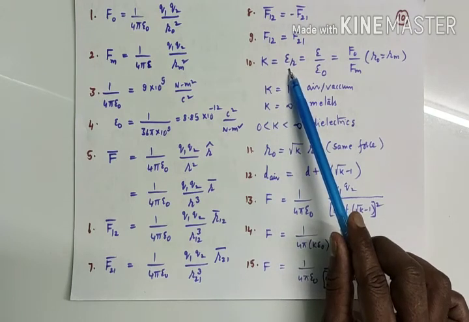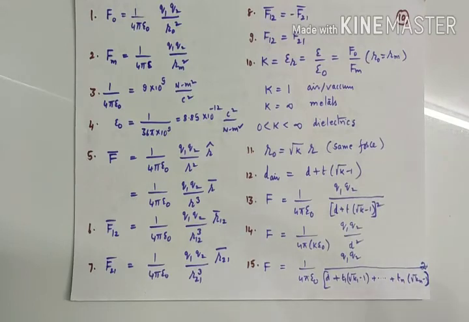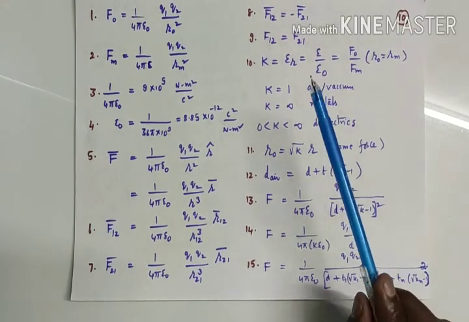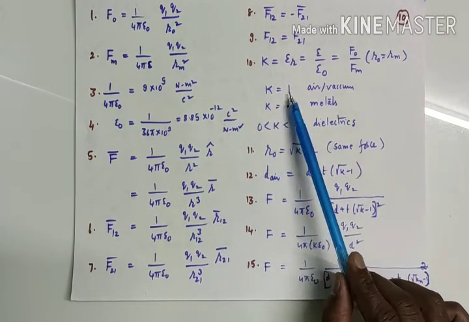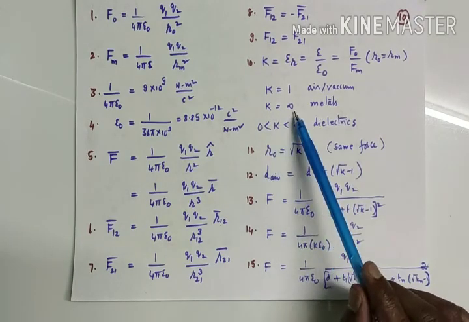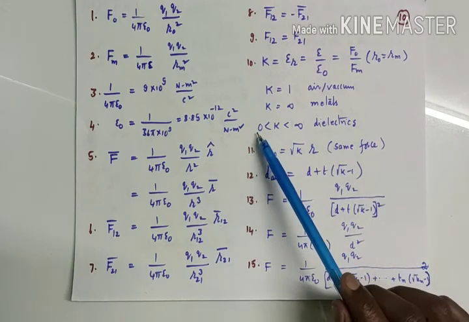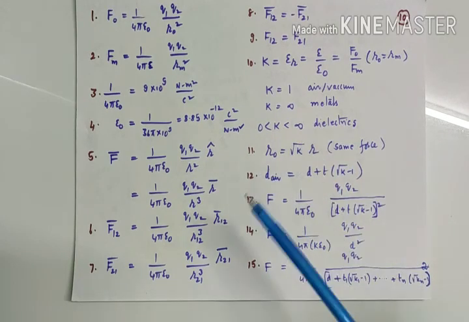Epsilon r has no units, K has no units. And it was observed that for air or vacuum K value is 1. For metals K value is infinity. For dielectrics K value lies between 0 and infinity.